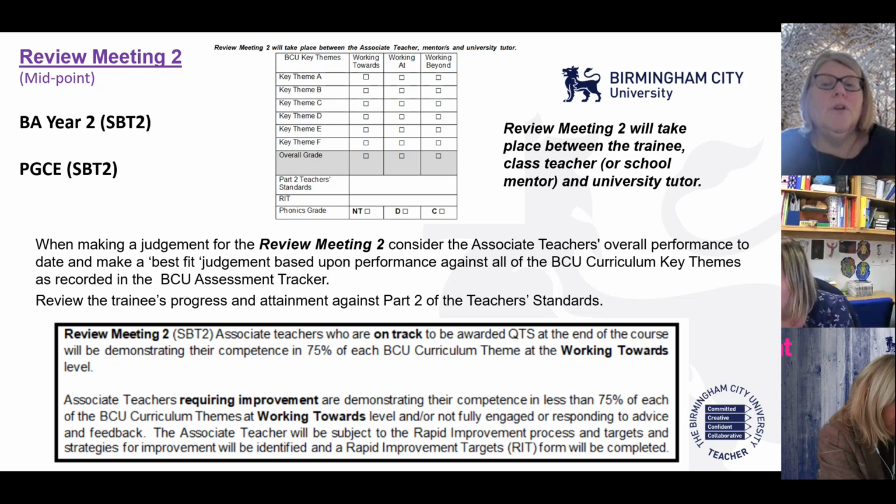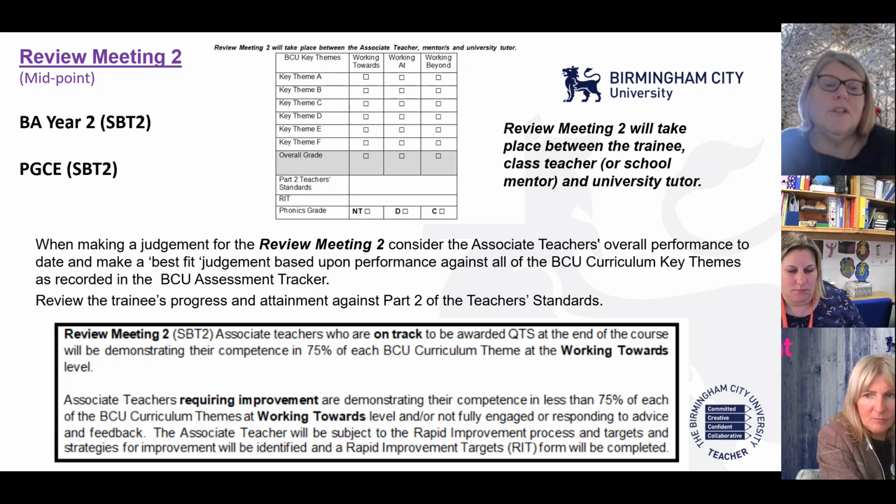So using that tracker and looking at their overall performance to date and making a best fit judgment against those key themes on the tracker. Once you've started highlighting those and recording that, then we can have a look at that and make a best fit judgment.